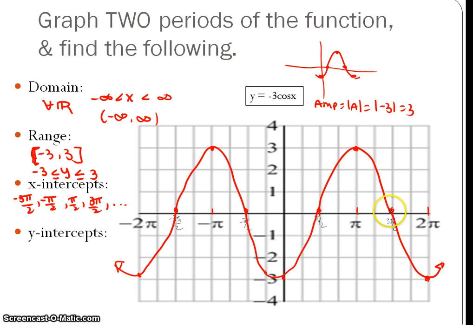And if I need to find these key points, I know halfway would be at pi, and halfway there would be at pi over 2. So I would have pi over 2, pi, 3 pi over 2, and so on. The y-intercept was at the minimum, which is -3, so it's at 0, -3.